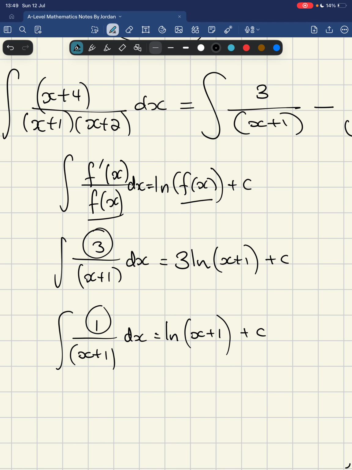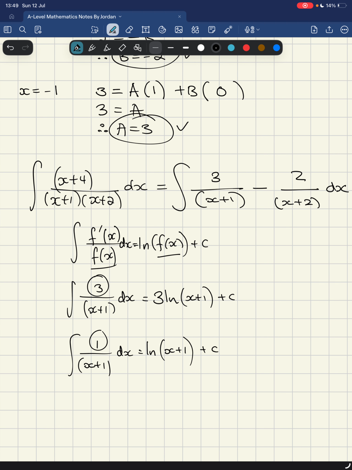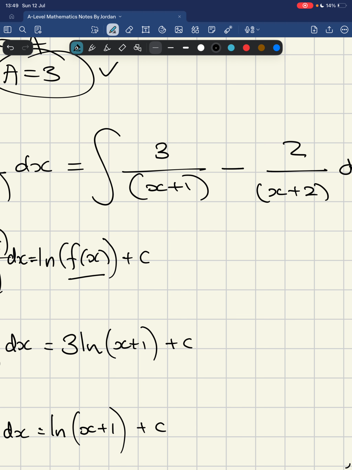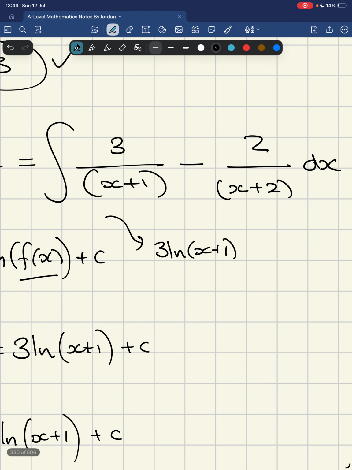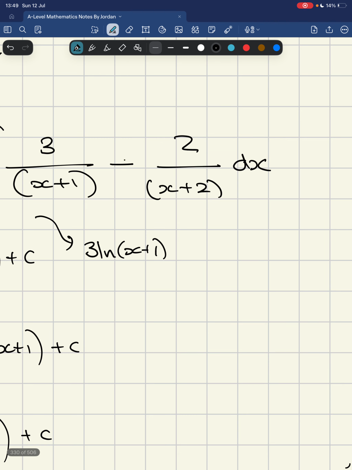Okay? And so that's how we do it. So here we've got 3 ln x plus 1. And then for this one, since we've got -2 at the top, take the derivative at the bottom, it still gives you 1. We should see a 1, but we see a -2. So this is just -2 ln x plus 2 plus c.